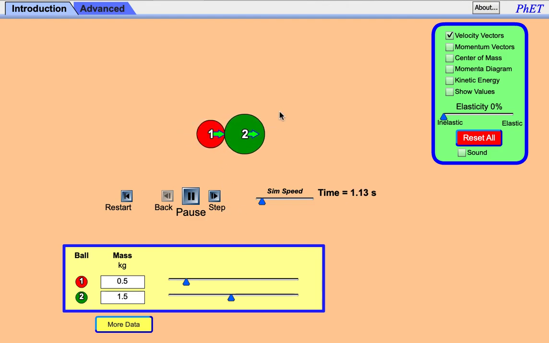Again, they collide and move together as one common object. After the collision, they both move off with the same final velocity, v final for both objects. In this case they're both moving towards the right, so they both have the same positive v final. And you would use conservation of momentum in both cases we just looked at to find the final velocity after the collision.